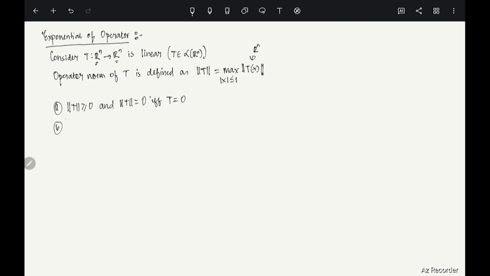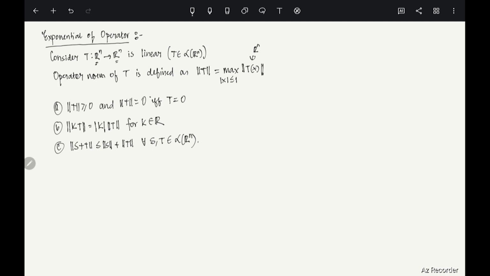Also, if you have a constant k times a linear operator T, then the norm is the modulus of k times the norm of T; this holds for k in R. And we also have the triangle inequality: the norm of S plus T is dominated by the norm of S plus the norm of T. This holds for all S and T linear maps from Rn to Rn.